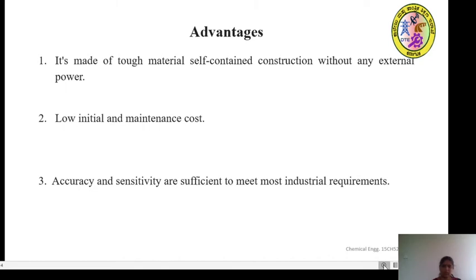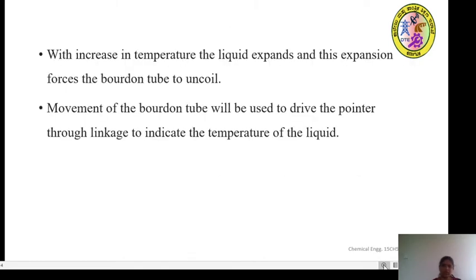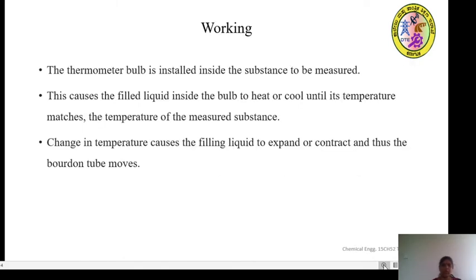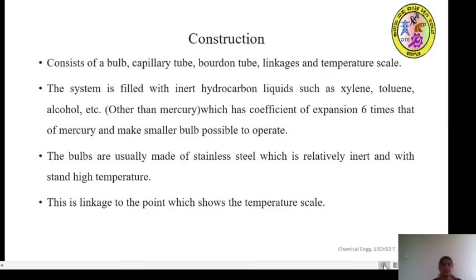So before going to the advantages of this liquid filled system, as I said, the bulb is filled with inert hydrocarbon liquids such as xylene, toluene and alcohol. The liquid which we are using inside the bulb should have certain properties.